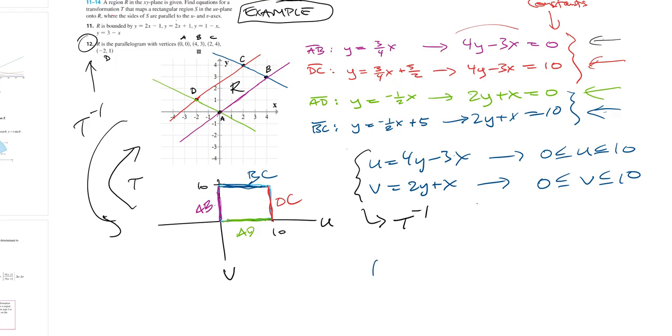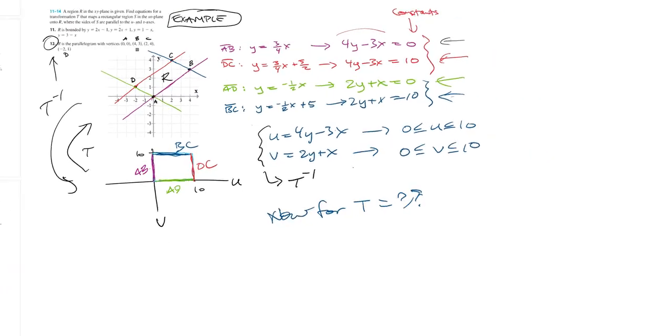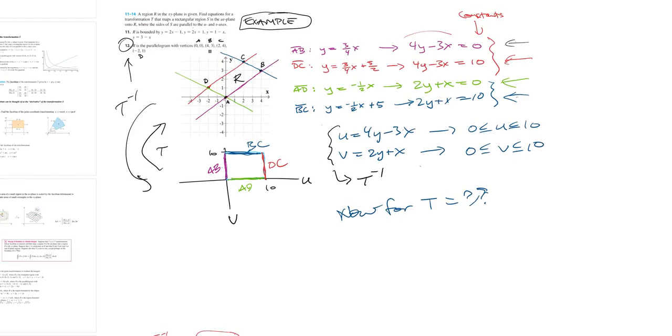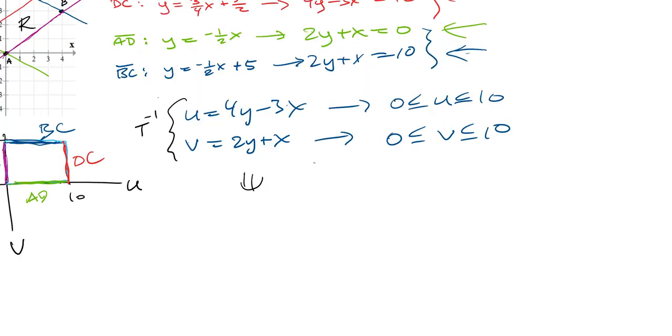All right, now for T. So what is T equal to? What you do is you take your u and v equations and solve for x and y. So I'm going to rewrite them. If I take u equals 4y minus 3x, and I multiply v by -2, I'm trying to get rid of the y's.